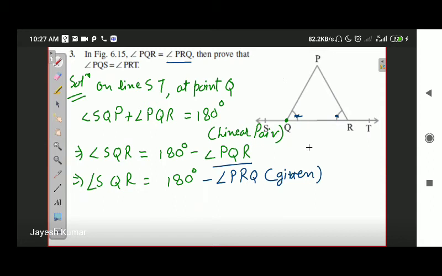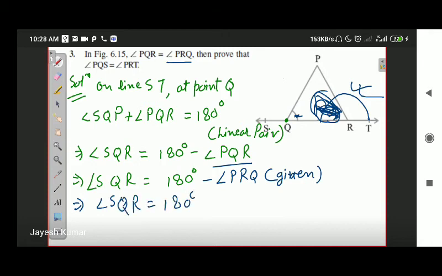Okay. Now what is 180 minus PRQ? This angle is 180. If we subtract PRQ, the remaining angle is PRQ. This whole angle is 180 degree. If we subtract this portion from this angle, this is the remaining part. Angle SQR equals, sorry, not 180 degree now.